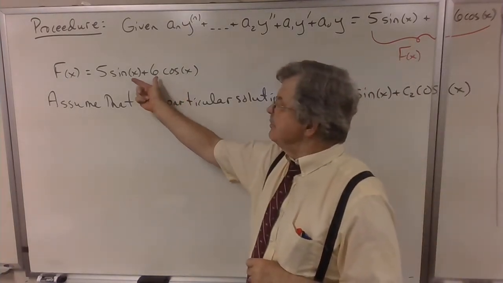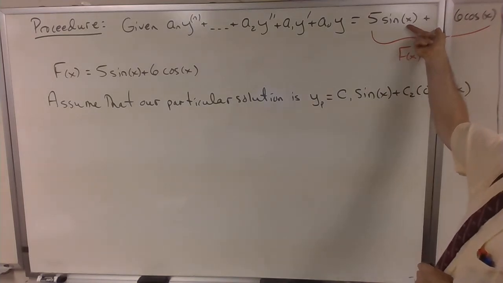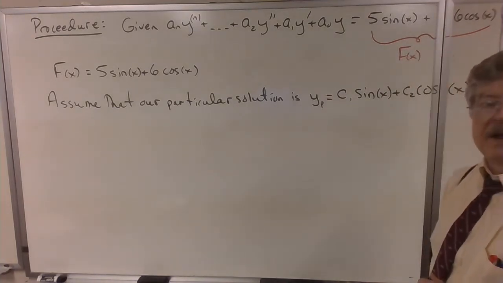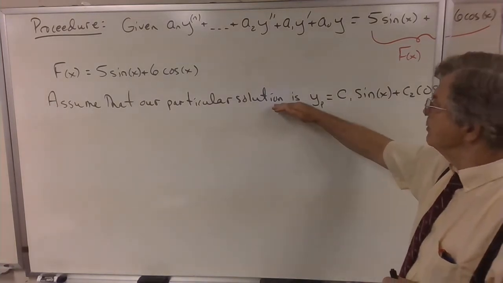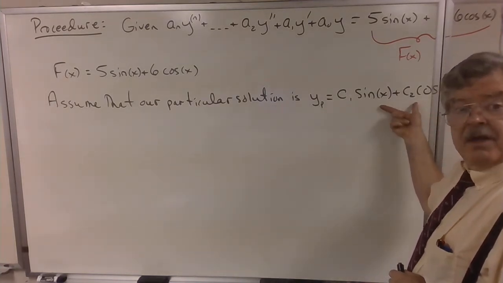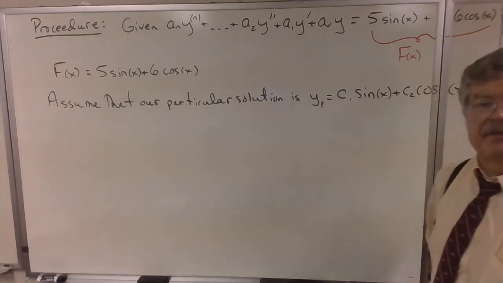The right-hand side of our equation is a linear combination of sine x and cosine of x. So what we assume is that our particular solution is also a linear combination of sine of x and cosine of x.